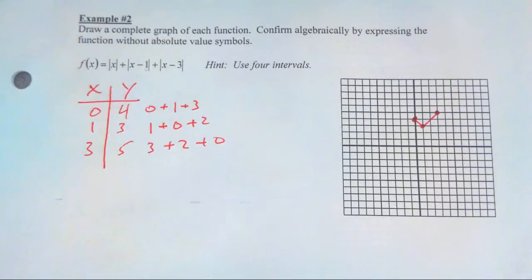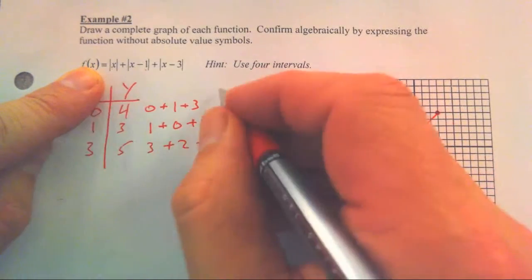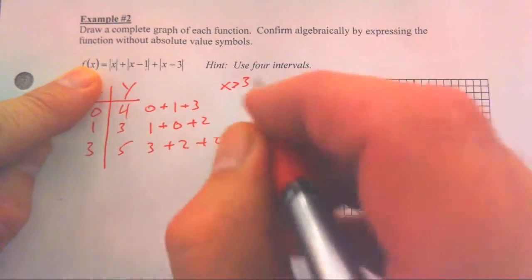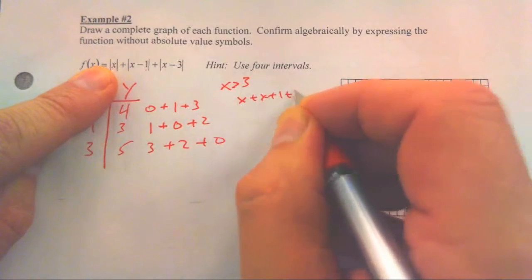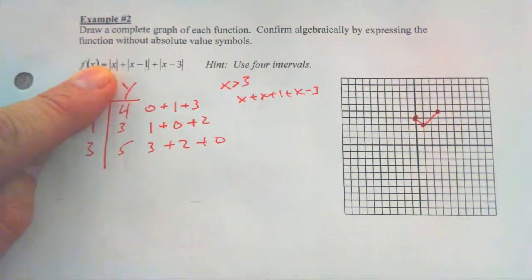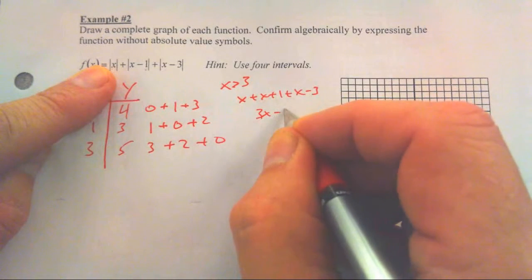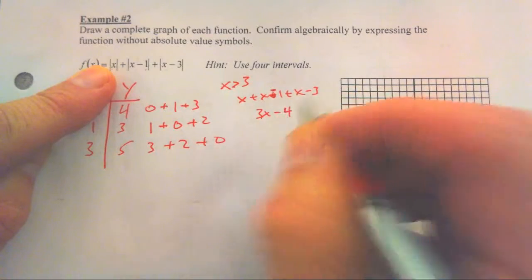All right, follow. As I said, if x is bigger than 3, that absolute value doesn't matter. If x is bigger than 3, then this is just x plus 1 plus x minus 3, isn't it? So it's really just 3x minus, oh, this is minus 1, sorry, 3x minus 4.